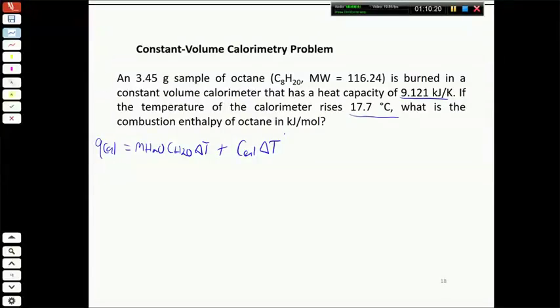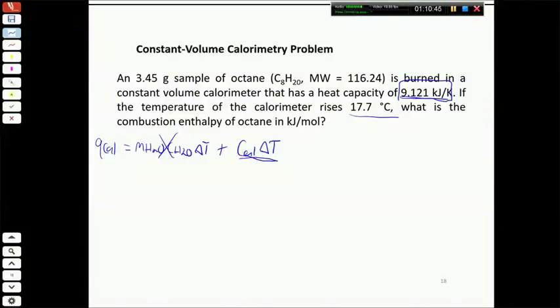Anybody see it? Nope. So we don't know how much water is in the calorimeter. So basically what we've done here is we've just grouped everything together into this heat capacity here of 9.121 kilojoules. So the calorimeter likely has water in it, but this 9.121 kilojoules per Kelvin is basically the total heat capacity of all the water in the calorimeter and all the other materials that make up the calorimeter. So all we need for this problem is to use this term.